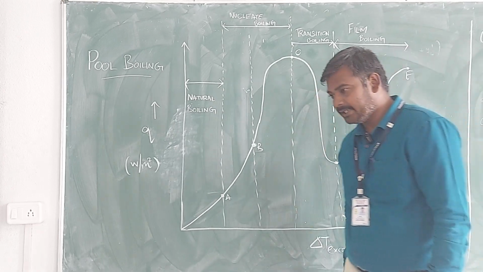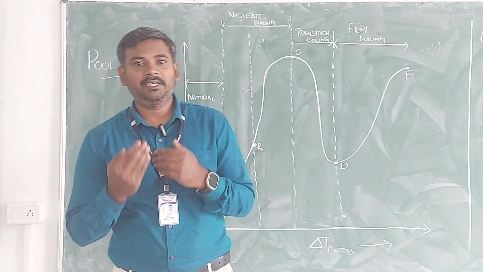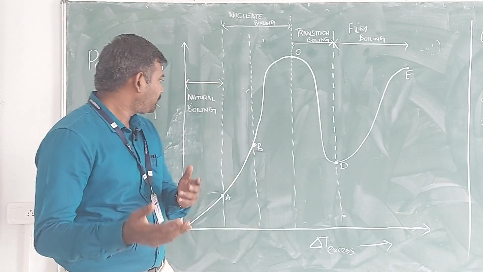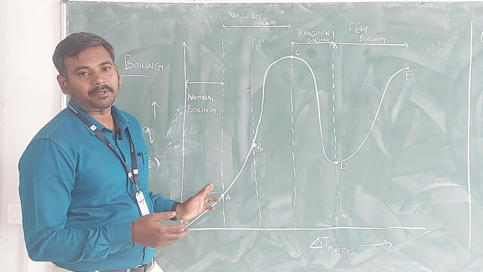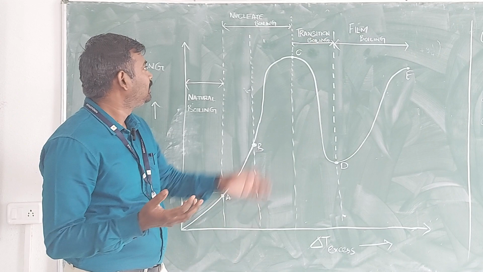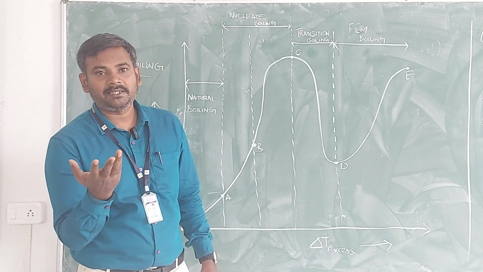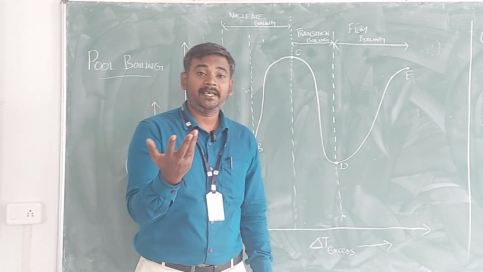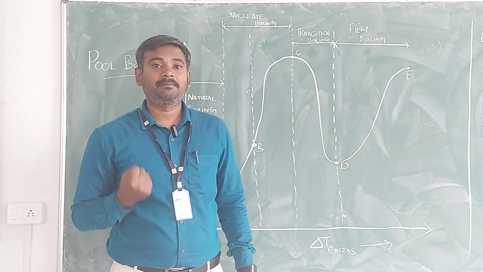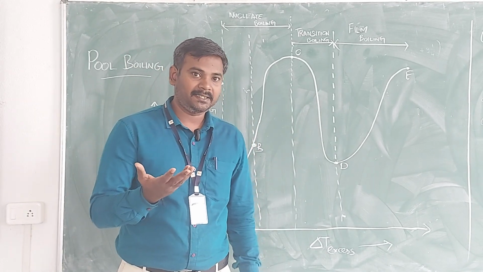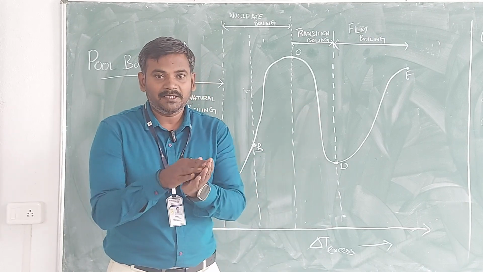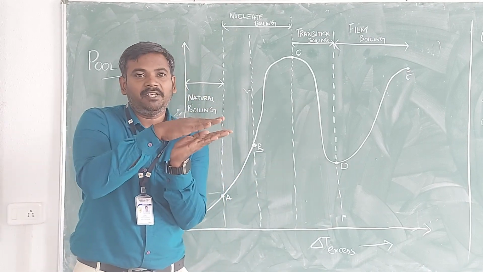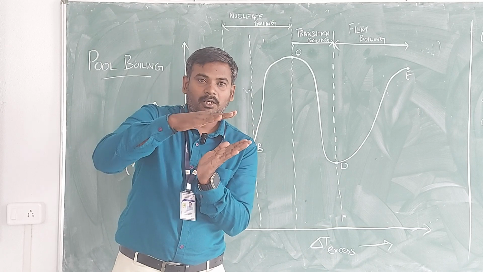Then transient boiling. See what happens if we give heat and more heat. For example, in natural boiling I have a temperature of 50 degrees Celsius, and in nucleate boiling I'm maintaining a temperature of 100 degrees Celsius. In transient boiling, I'm maintaining a temperature of 180 degrees Celsius. What happens? A layer is formed between the surface and the water molecules.